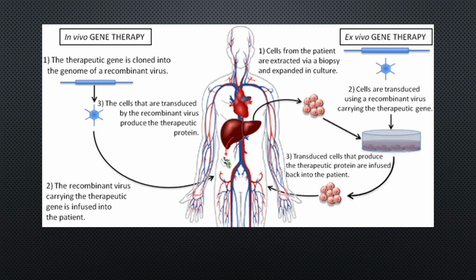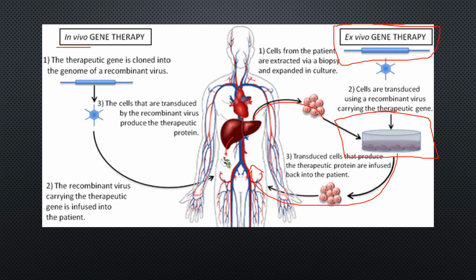I mentioned that with DeSilva, they used ex vivo gene therapy, where they take the cells out of the body, transform them with recombinant DNA, and then place them back into the patient. The other way of gene therapy is what we call in vivo gene therapy.